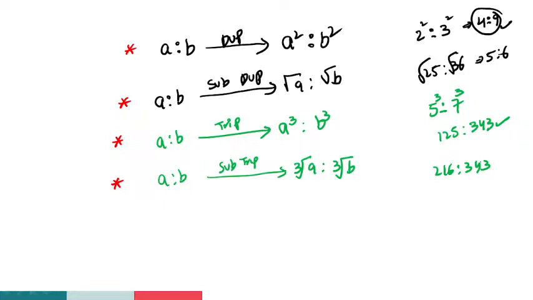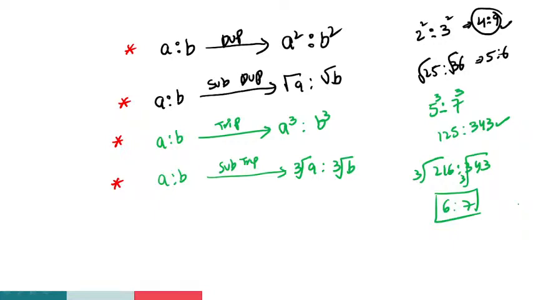What is the sub triplicate ratio, guys? Cube root of 216 and cube root of 343. 6 cube is 216, 7 cube is 343. So the answer is 6 is to 7.